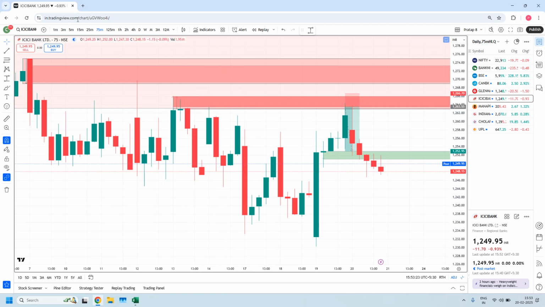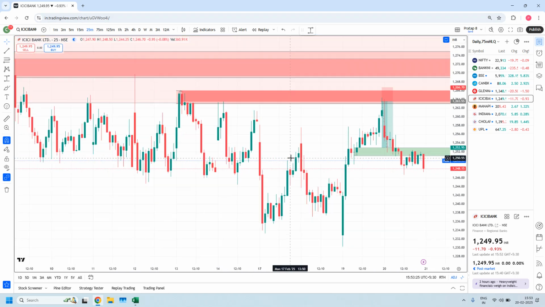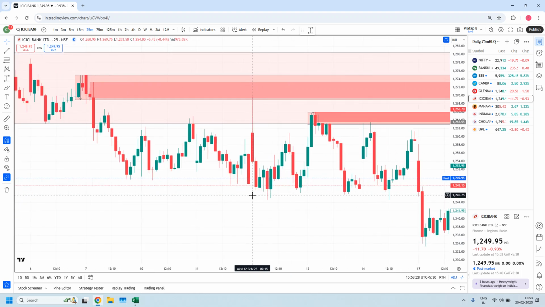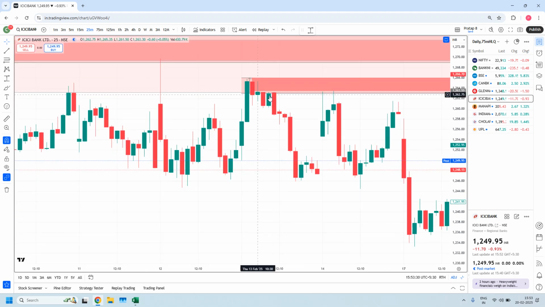Now let's go to the 15 minutes. You get better clarity. Go to the 15-minute zone. In the 15-minute zone, the structure is not very clear. Maybe you can draw a rally, 1, 2, 3, 4 base candles and a drop candle. That way you can draw it like this.